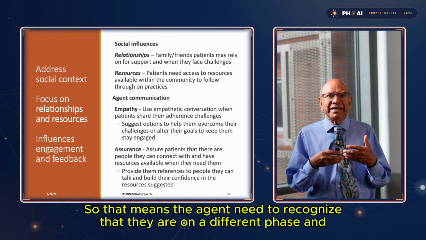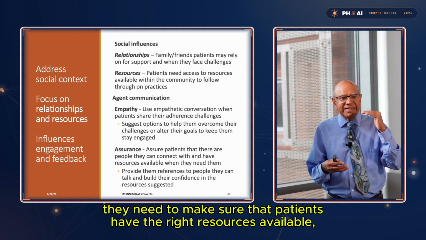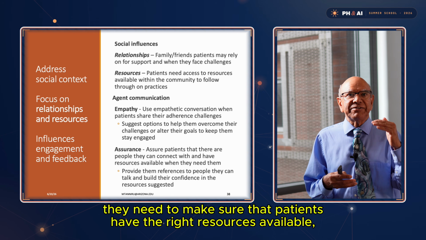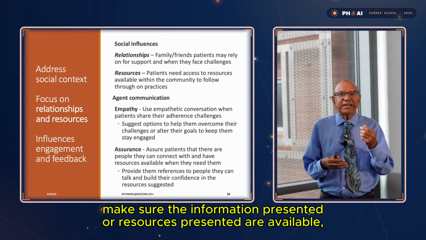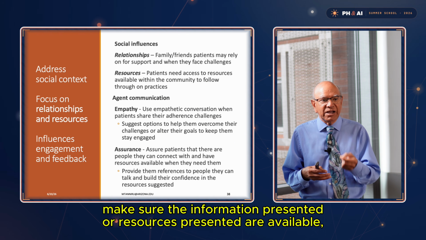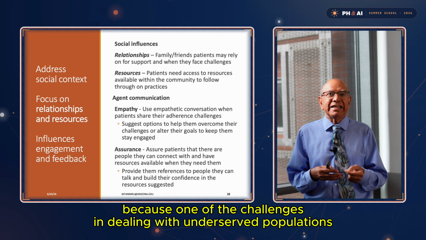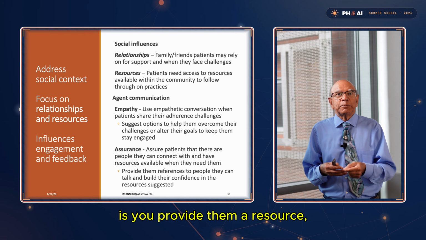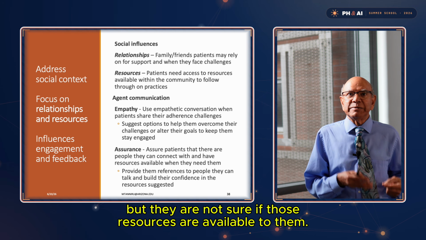So that means the agent needs to recognize that they are in a different phase, and make sure that patients have the right resources available, and have answers to questions related to resources, and make sure the resources presented are actually available. Because one of the challenges in dealing with underserved populations is you provide them a resource, but they are not sure if those resources are available to them.